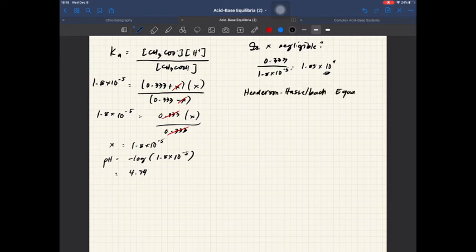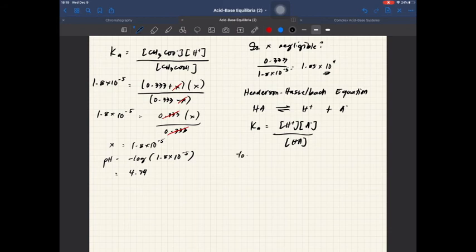How is the Henderson-Hasselbalch equation derived? Okay, suppose we have a hypothetical equation for a weak acid, HA ionizes to H plus and A minus. And therefore, the Ka expression would be this one. Okay, taking the negative log of this expression, the negative log is what we call the P value, or the P function.